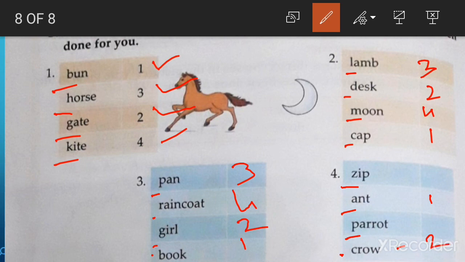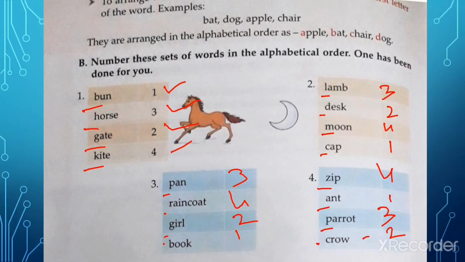So it will be number 2, 3, 4. Okay. Now you have to do this exercise in your copy clearly. Next day we will read the remaining part of this chapter. You try on your own. Later I will discuss the answer with you.